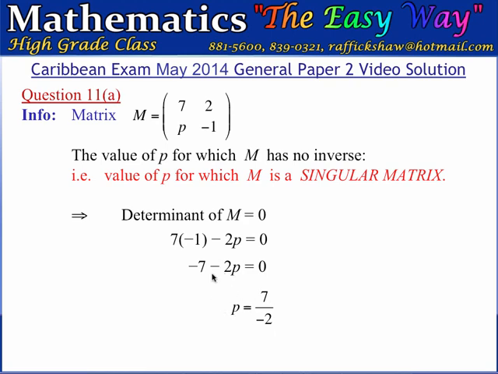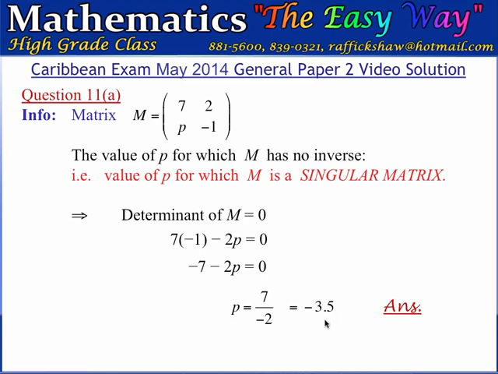Or we can say we add 7 to both sides first, and then we divide both sides by negative 2. And so P will be equal to 7 divided by negative 2, which works out to be negative 3.5. And so that is the answer for this part. The matrix M has no inverse, meaning it is a singular matrix, when P is equal to negative 3.5.